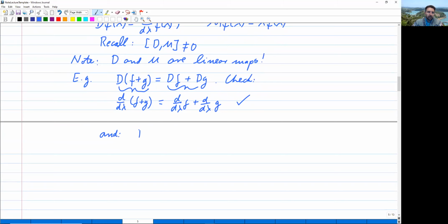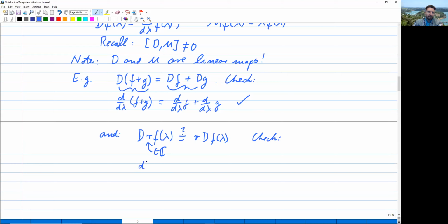we have to show that if we apply D to a number times f of lambda, so this is some element of the real, or let's say the complex numbers, then we have to check whether this is indeed the same as if we pulled out that number. By linearity, we should be able to pull out numbers, right? So this has to be D applied to f of lambda. Again, check. So what do we have?